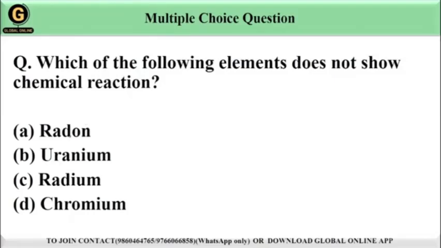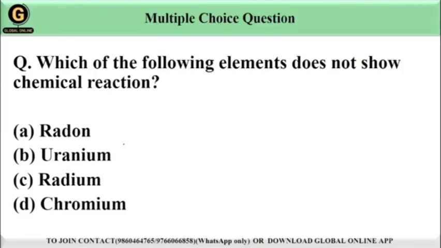Next question is, which of the following elements does not show chemical reaction? Options are radon, uranium, radium and chromium. So friends, radon is a noble gas and is chemically inert, meaning it does not easily undergo chemical reaction. This is because noble gases, including radon, have full outer electron shells, which makes them stable and unlikely to react with other elements.